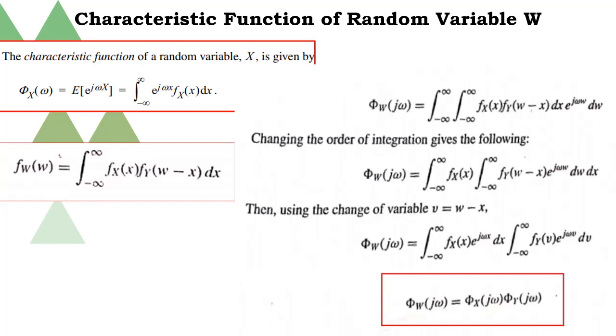Here we have to find out the characteristic function of the random variable W. For that, we know the PDF of the random variable W, which is f_W(w), equal to integral from minus infinity to infinity f_X(x) f_Y(w minus x) dx.